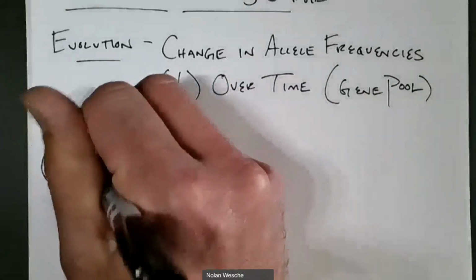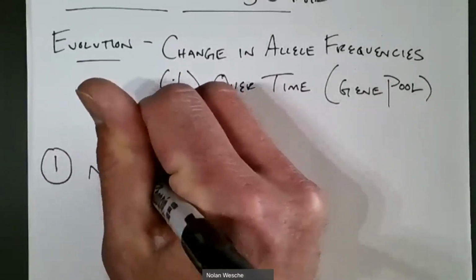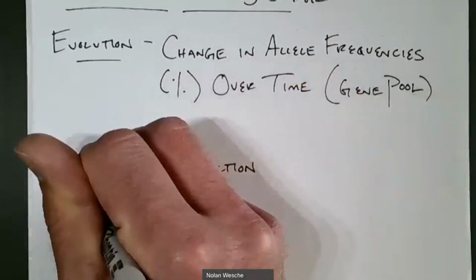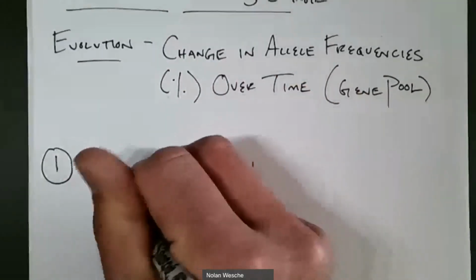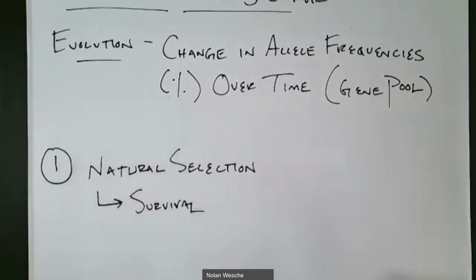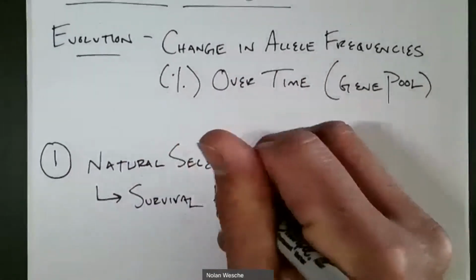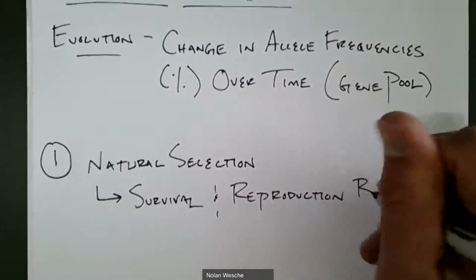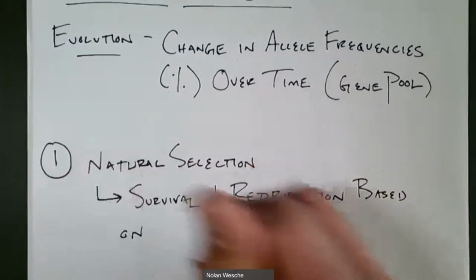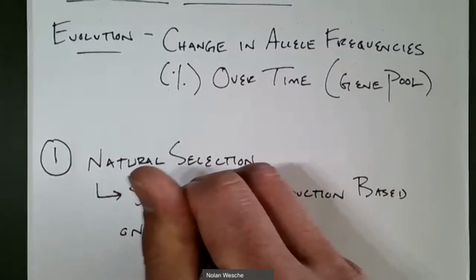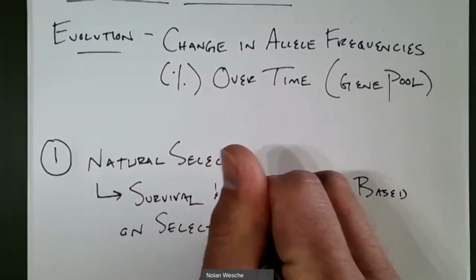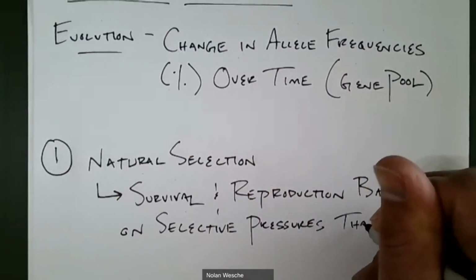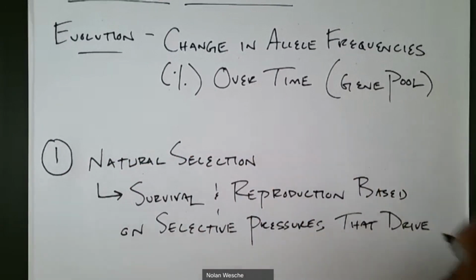And the first one we've talked a little bit about, it's natural selection. And natural selection is going to be the survival and reproduction based on the response to these selective pressures in an environment that essentially end up driving what we call adaptations.